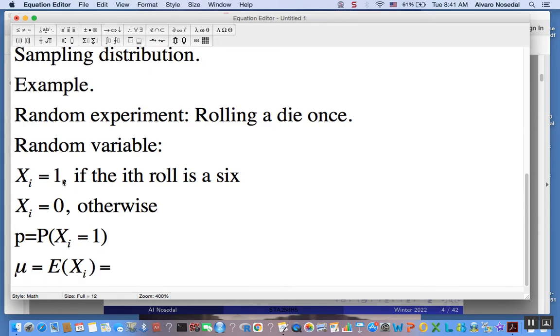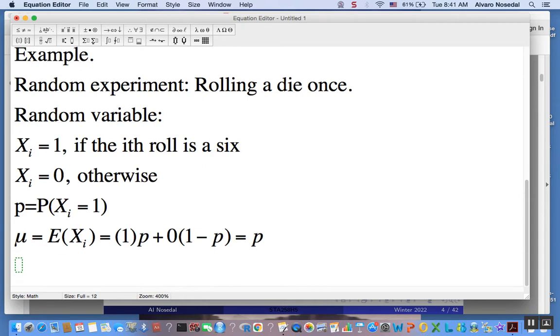It's the value of the random variable, 1, times the probability of observing that particular value, so 1 times p, plus the other possible value, 0, times the probability of observing that value. Since the probability of observing a 1 is p, and the probability of observing a 0 is the complement, the expected value of a Bernoulli random variable is just p.